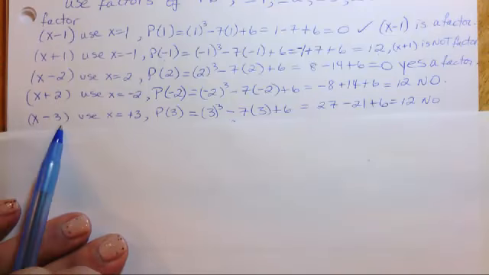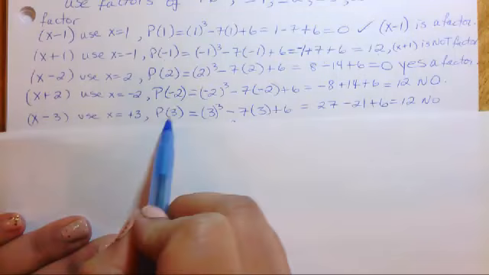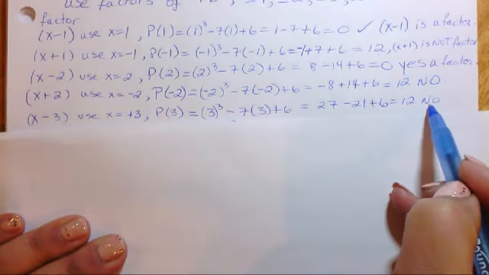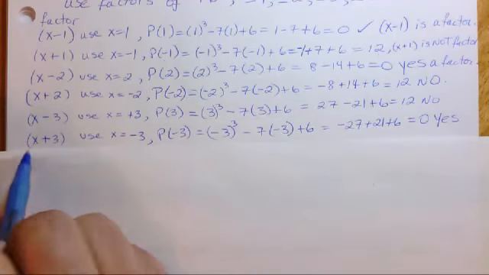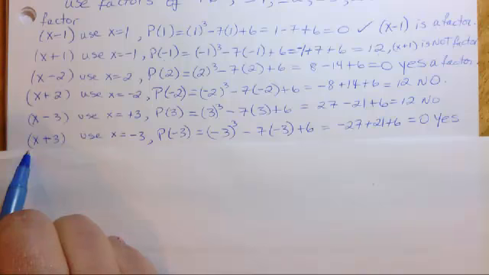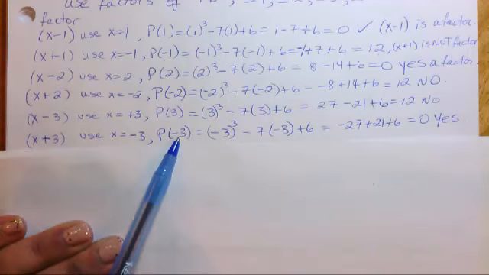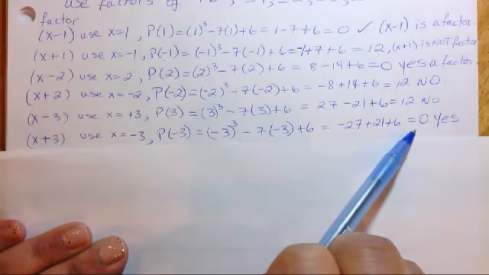Let's see if x minus 3 is a factor. Well, we used plus 3 to plug in, and we end up getting that it's equal to 12. And so that tells us it's not a factor. And to determine whether x plus 3 is a factor, we use -3 to plug into our p of x, and we actually end up getting it equal to 0.